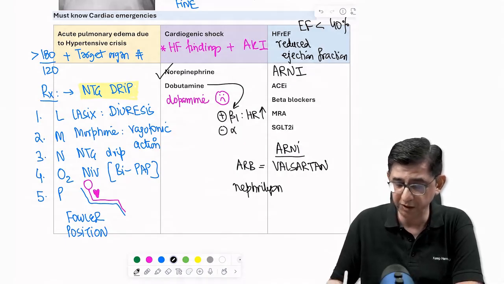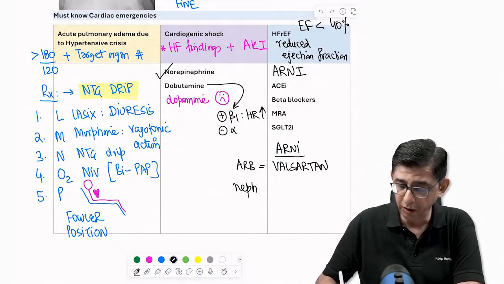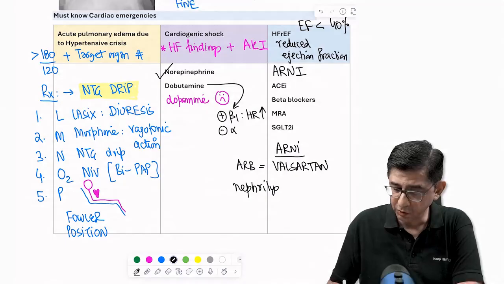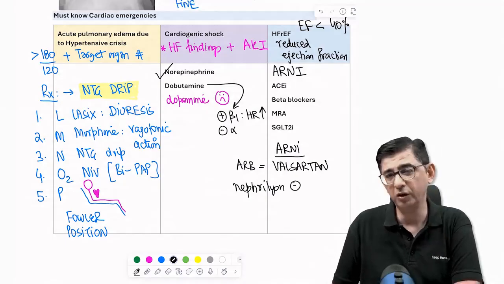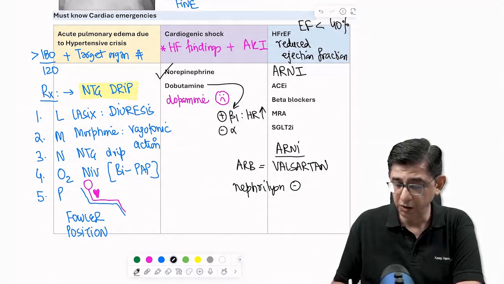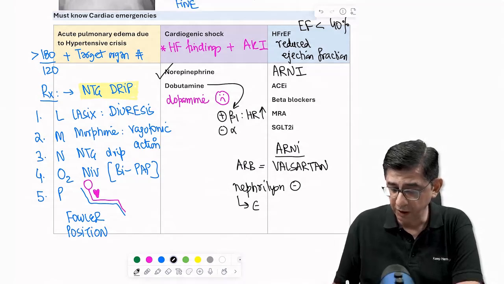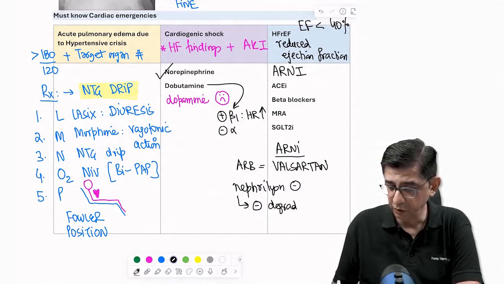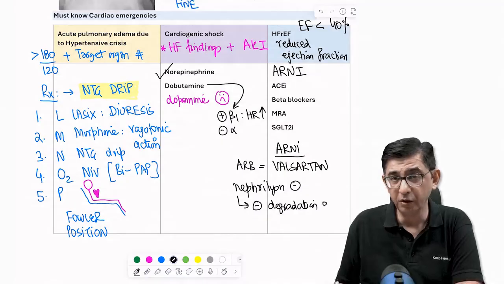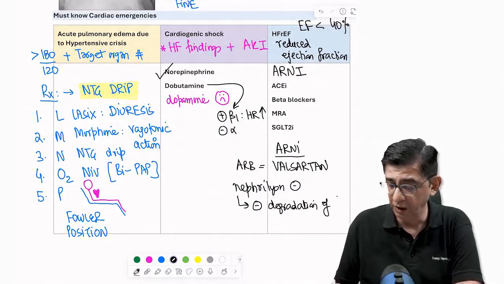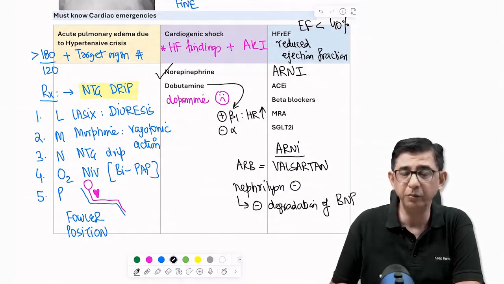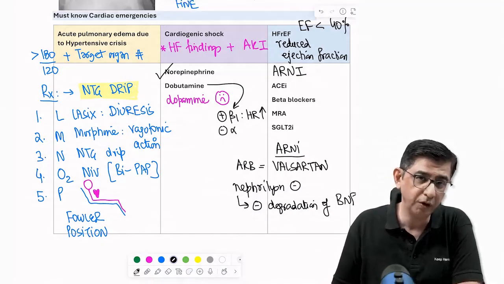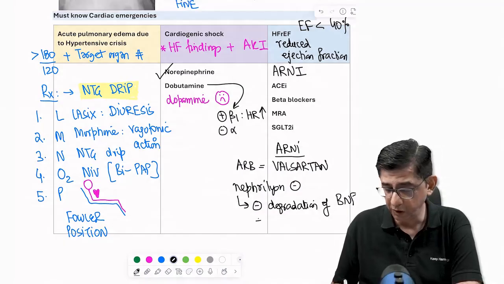Tell me the mechanism of action. Like neprilysin inhibitor, that is okay, but what is the mechanism of action of neprilysin inhibitor? Your answer would be neprilysin inhibitor acts by inhibiting the breakdown or degradation of BNP. You see, BNP is produced from the ventricles due to volume overloading. If you inhibit the degradation of BNP, then BNP will be able to act for a longer duration.